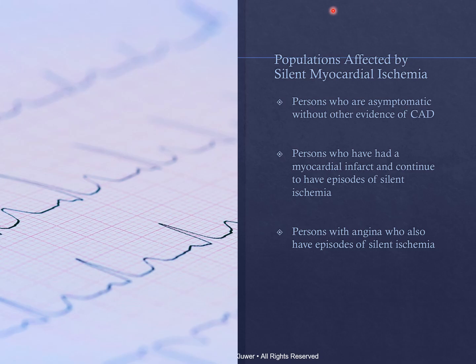So some people also experience what we call silent myocardial infarctions or myocardial ischemia. And these are people who are asymptomatic without any other evidence of coronary artery disease. Some people who have had myocardial infarcts continue to have episodes of silent ischemia.